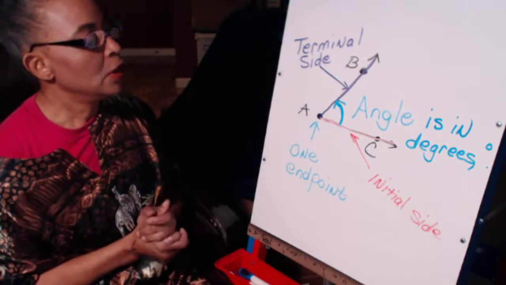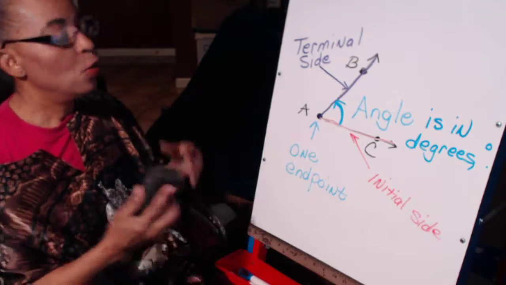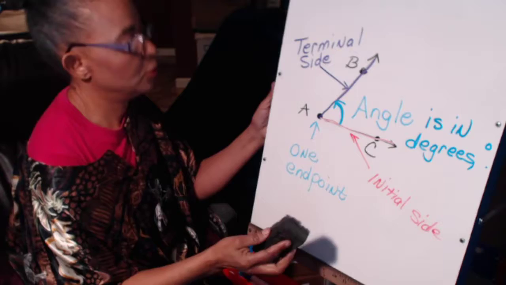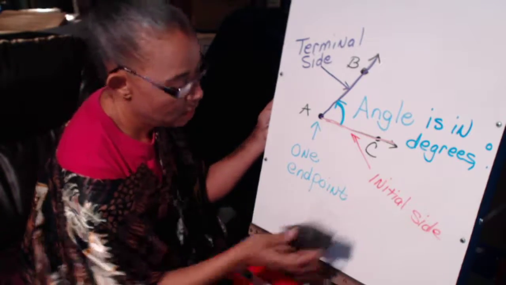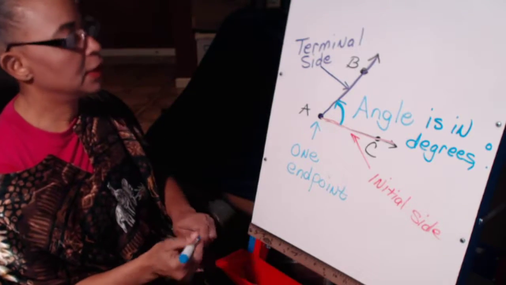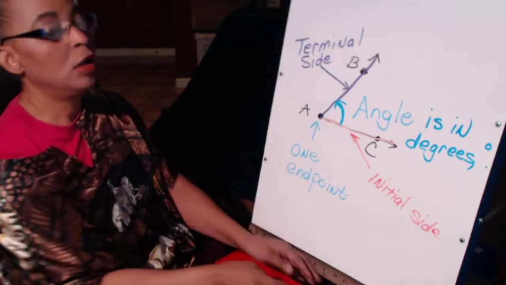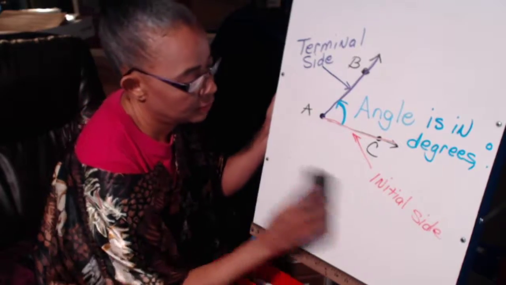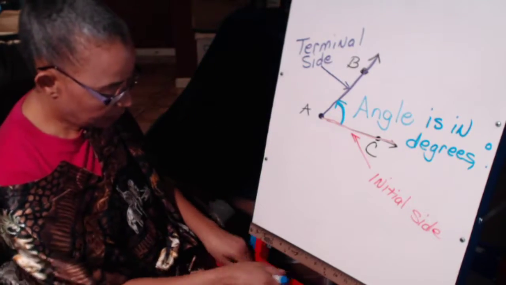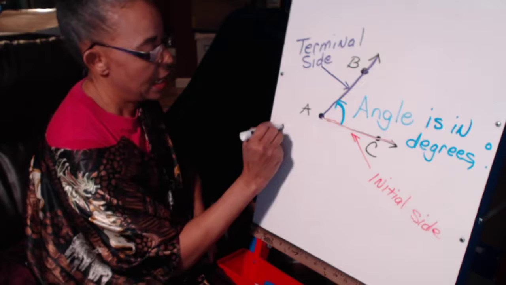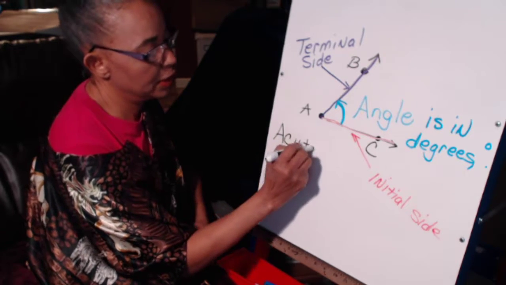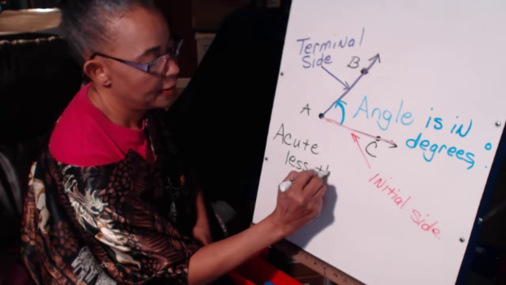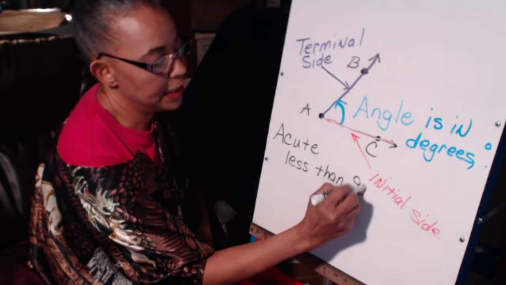So, when we talk about angles, we have to discuss a couple of things. We have what they call acute angles. Angles can be acute, which means that it is less than 90 degrees.